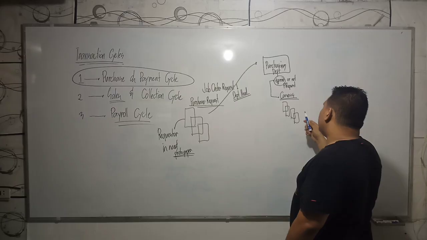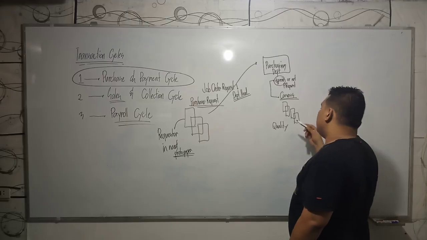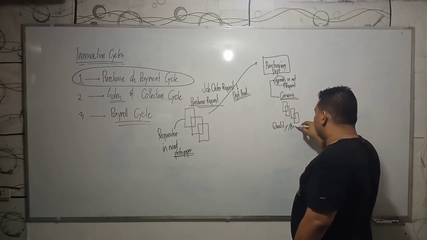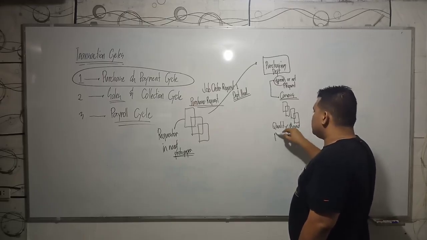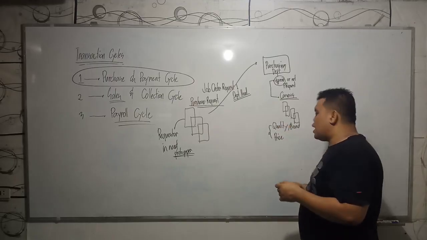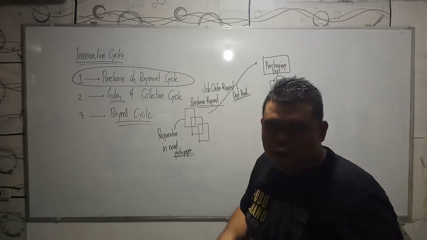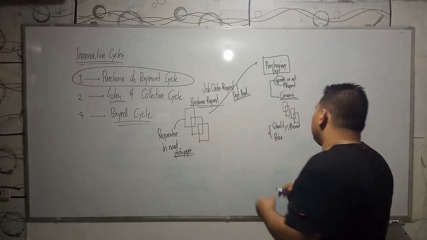Okay? And for these possible suppliers, you will check the quality of the goods that they are offering, or the brand, if ever, and of course the price. So, normally, it's the balance between the quality and the price. Okay? It's not good if you're always looking just for the lowest price.